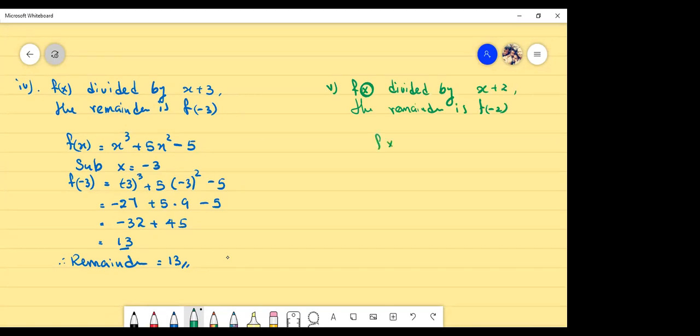What is f(x)? x to the power 4, plus 2x squared minus 3x plus 1. Then we substitute this generally.